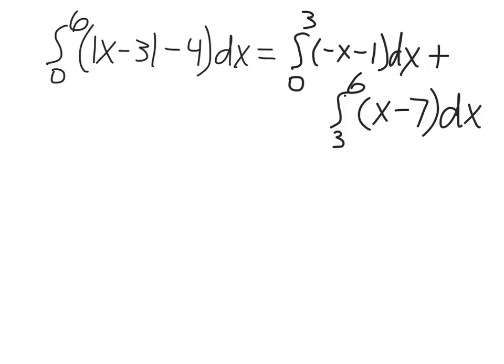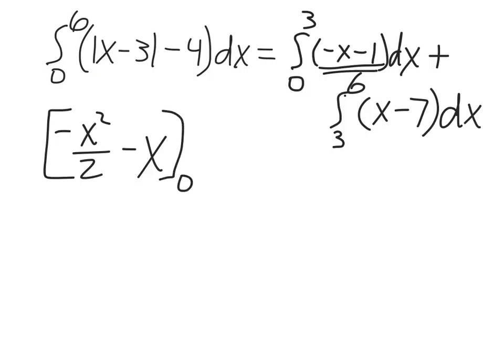So evaluating from 0 to 3, negative x minus 1 with respect to x, antiderivative of this piece, and evaluating that from 0 to 3, we'll finish out that part of it after we do the antiderivative here.